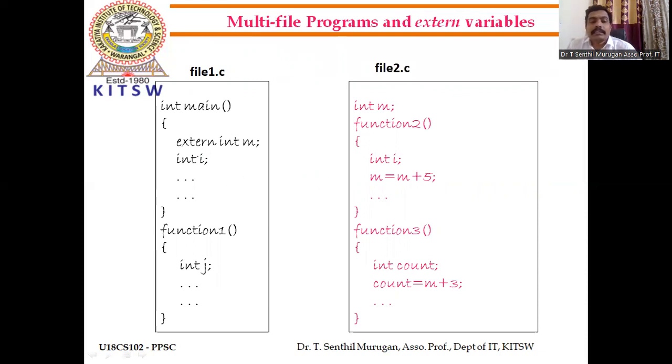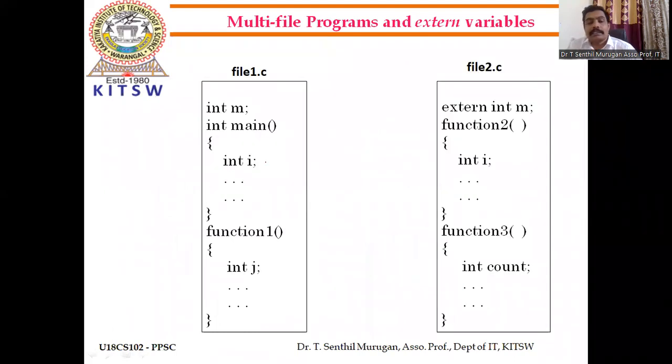In the first example, extern int m: m is declared in file 2 as a global variable, so this variable can be used in file 1 by using extern. Same like that, in the next example you see that the variable int m is declared as a global variable here. Then the same variable will be used in file 2, and for that they use extern int m.